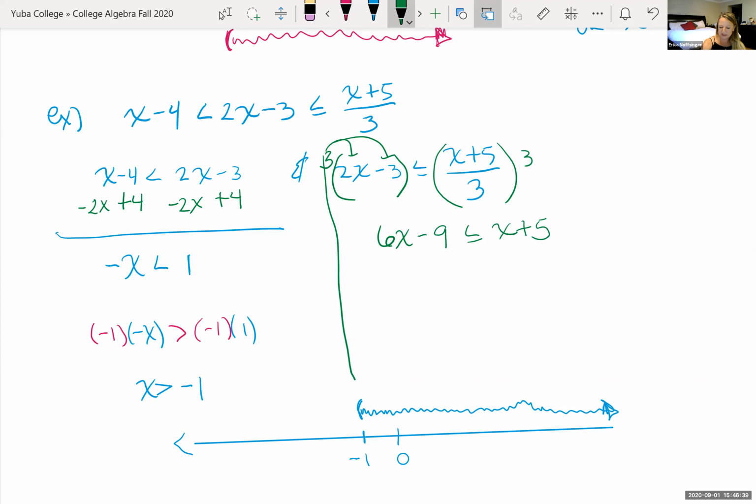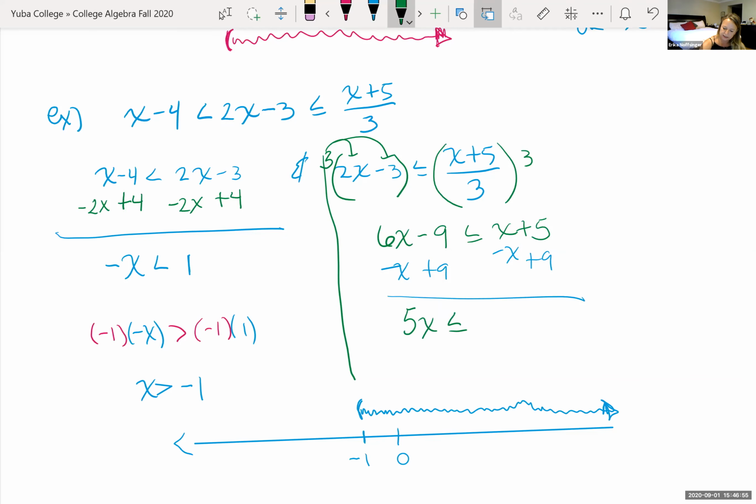Get variables to one side. So if I subtract x on both sides, add 9 to both sides. So 6x minus 1x is 5x, is less than or equal to 5 plus 9 is 14.